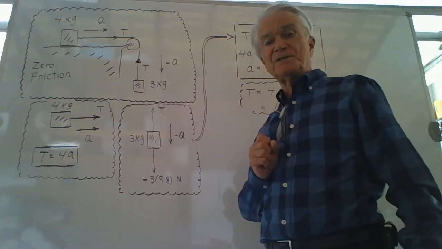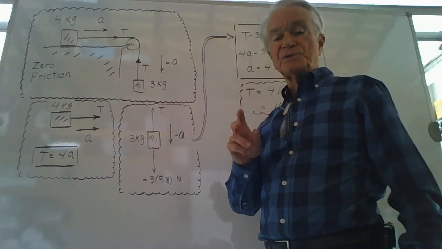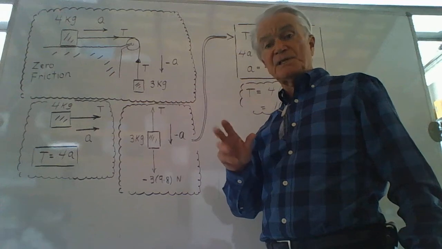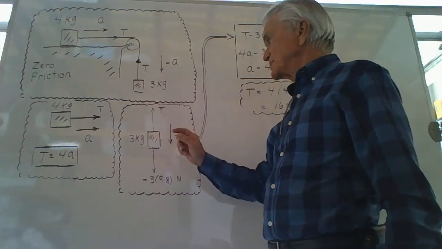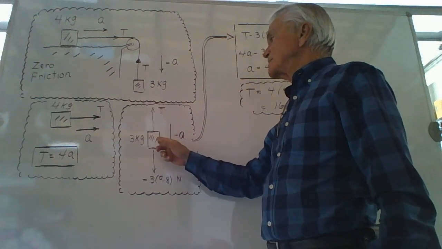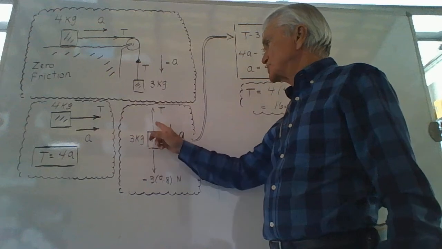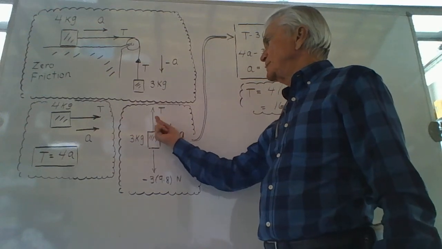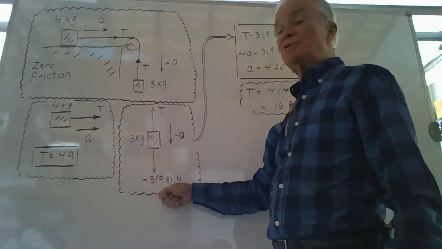We need another equation. The other equation will come from an application of Newton's second law, again, F equals ma, to the other object, the hanging mass, which is shown here in an isolation diagram. 3 kilogram hanging object. String is attached to it, pulling upward, but not winning because the pull by the earth will be greater, it turns out.